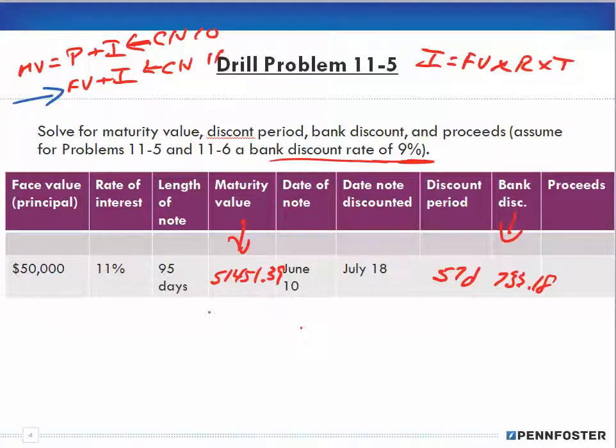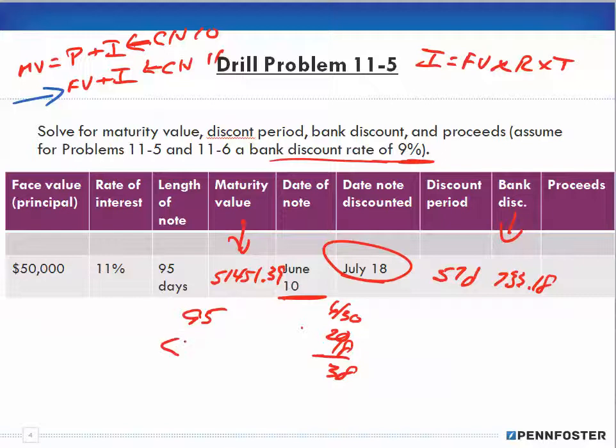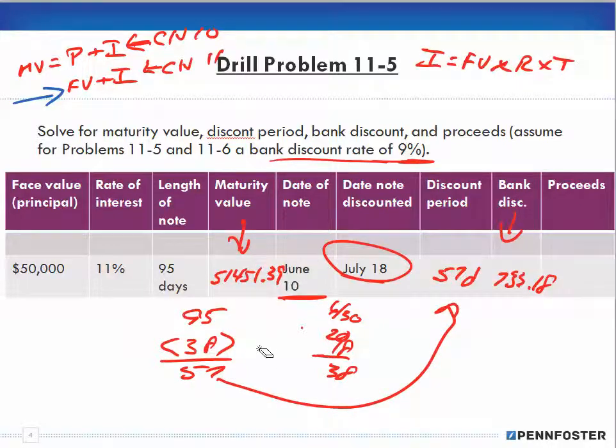We had 95 days, and we had figured out that June 10th to June 30th was 20 days, and then of course there's 18 days in July, so that's 38, and so the discount period is 95 less the 38, or 57. Okay, and that's how we arrive at that. So that's the discount period.